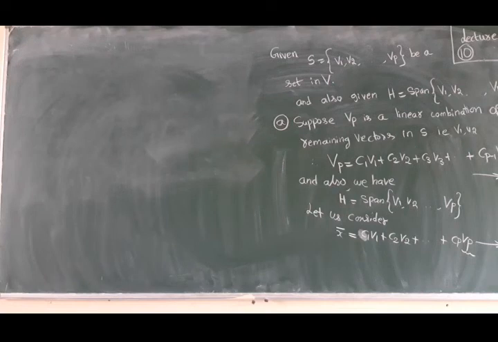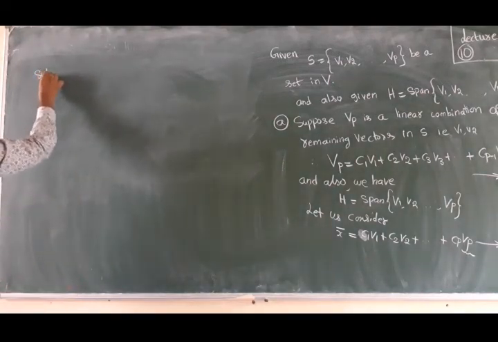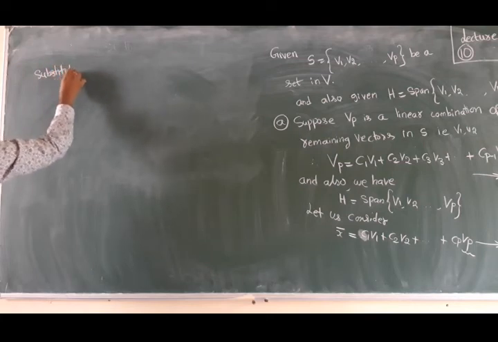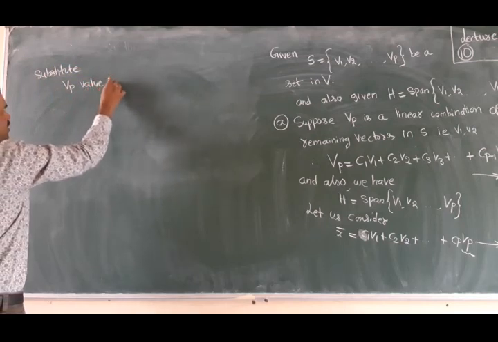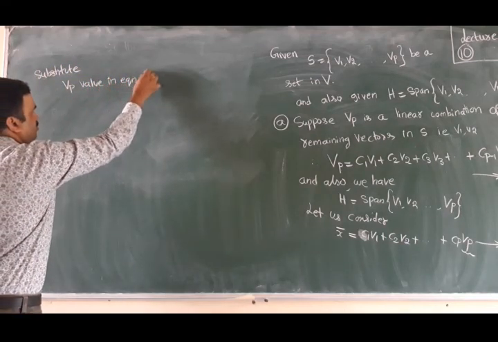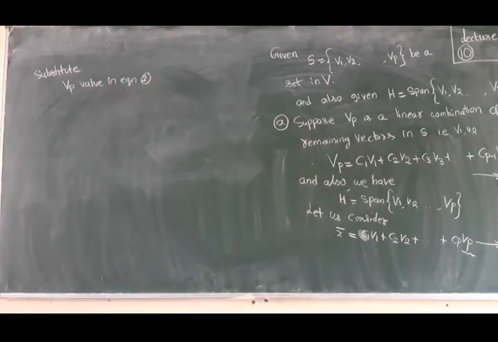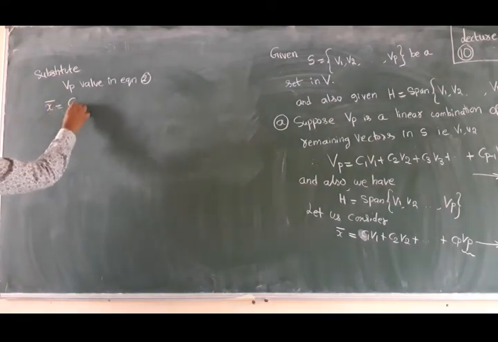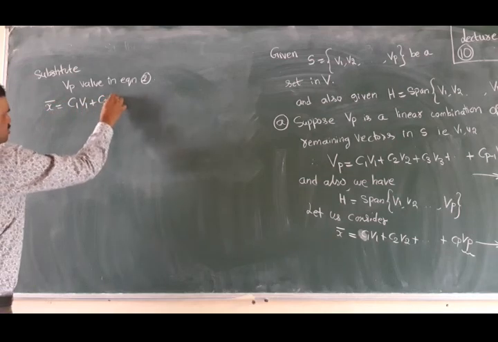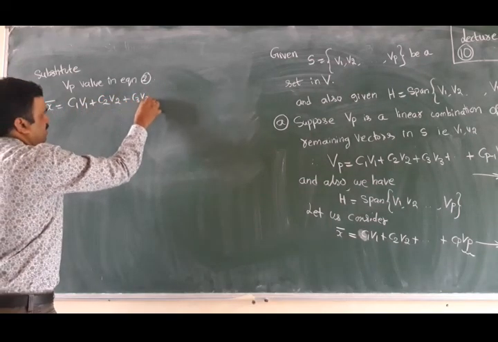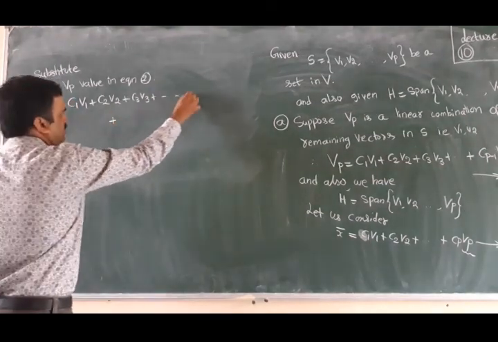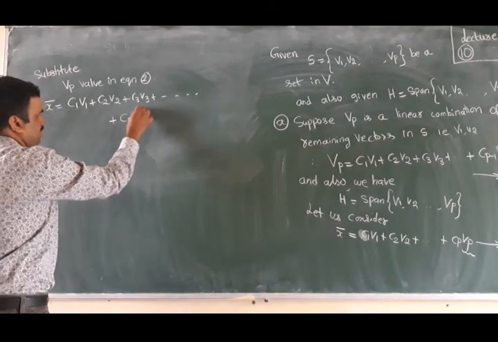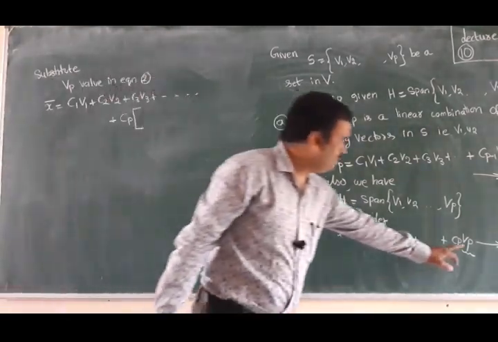X bar equal to C1 V1 plus C2 V2 plus C3 V3 plus so on, plus Cp into Vp.